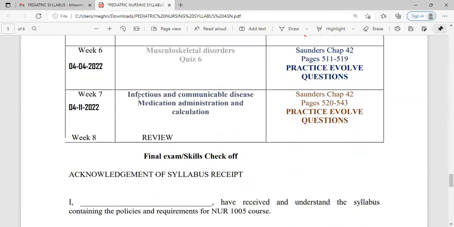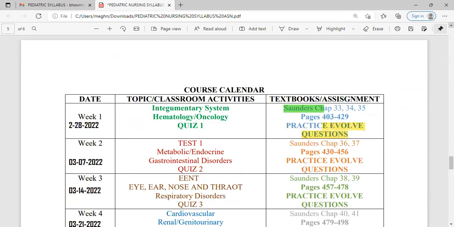Week 7, infectious and communicable disease. Also, we'll talk about medications, administration, and dose calculations. And week 8, review. So this is the schedule, right?